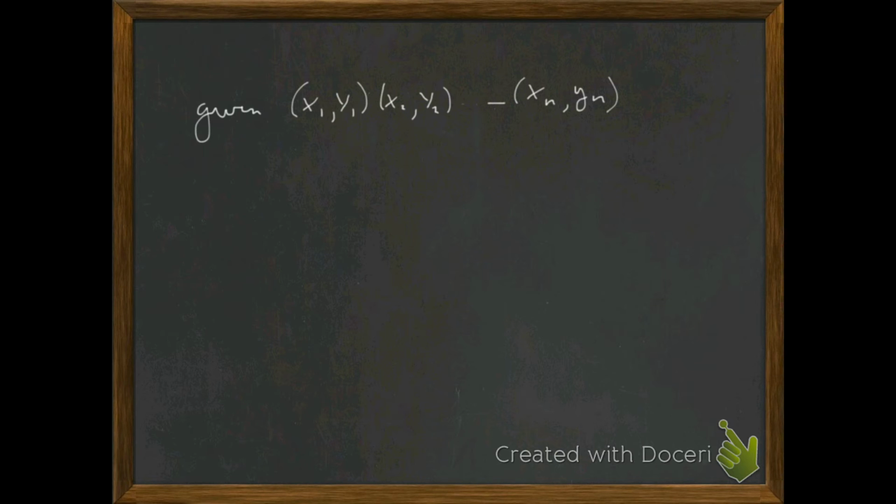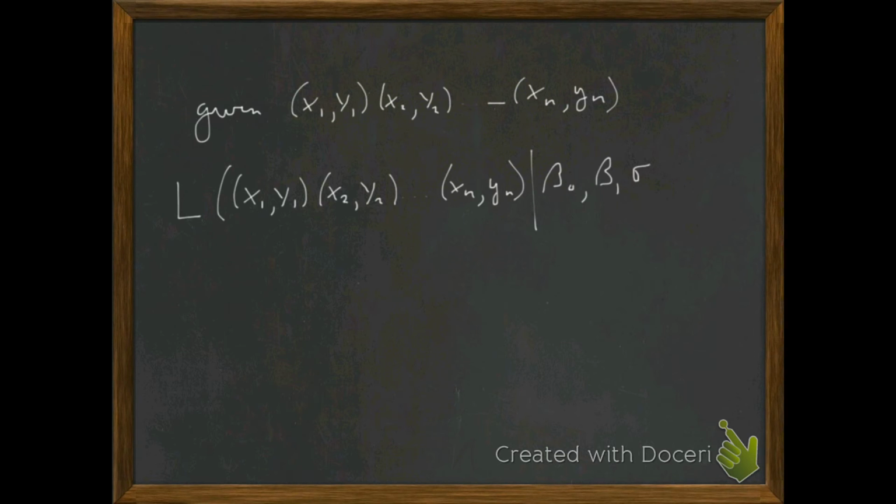All right, gang, so the likelihood function given our data for the parameters will be equal to the product, and I've already given you this.